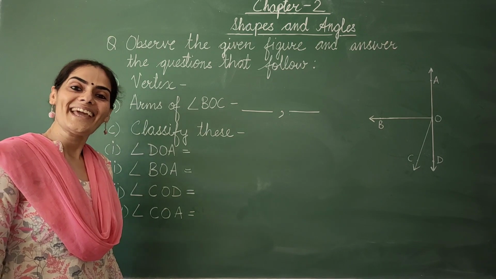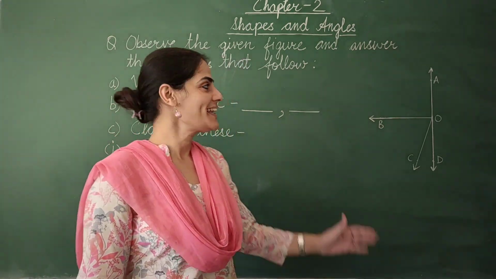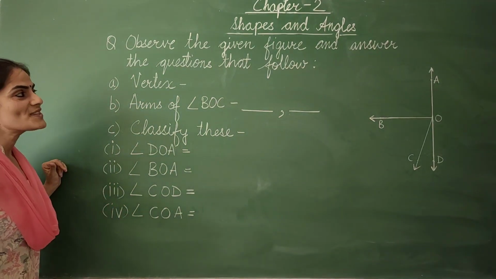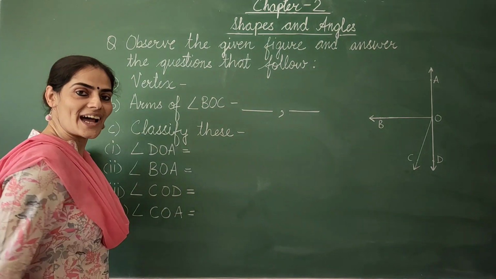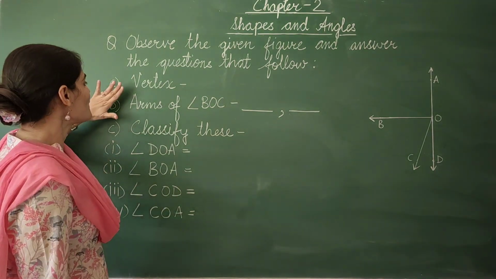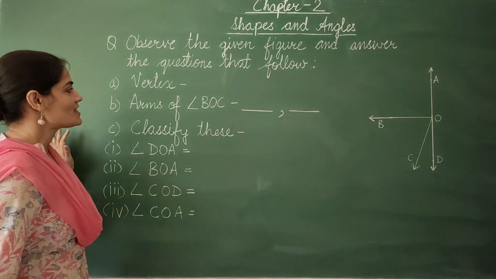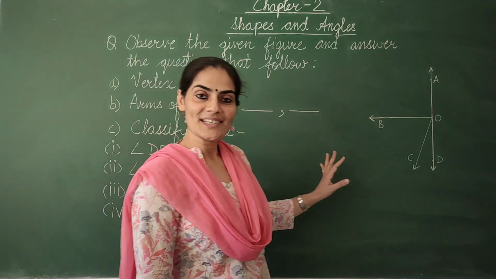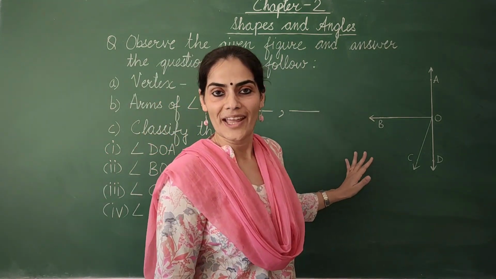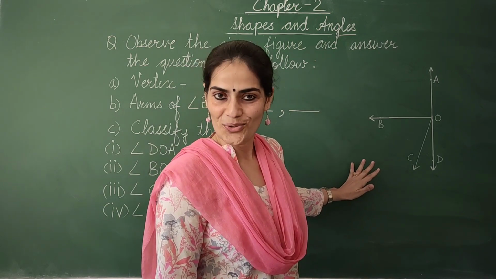Children, the next question to test the level of your understanding is this. Observe the given figure and answer the questions that follow. The first question based on your observation is, just tell the vertex of this figure. Vertex is what? The common endpoint shared by 2 or more than 2 rays.